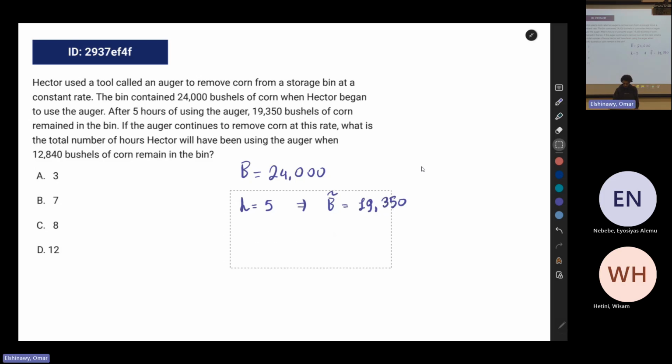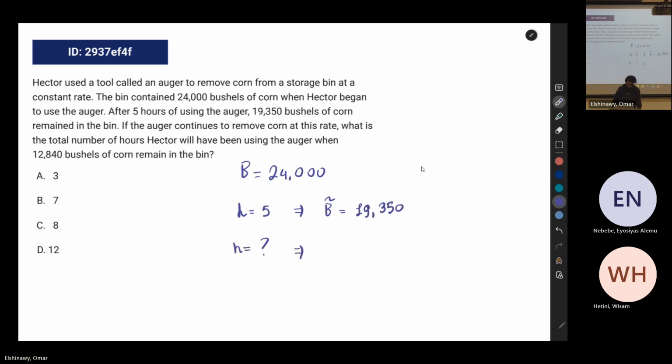And now the question is asking how many hours will have passed when Hector has, let's say it's B, 12,840 bushels in the bin.